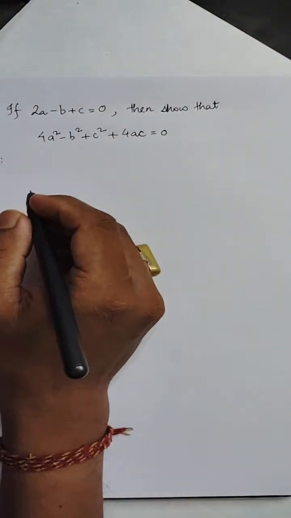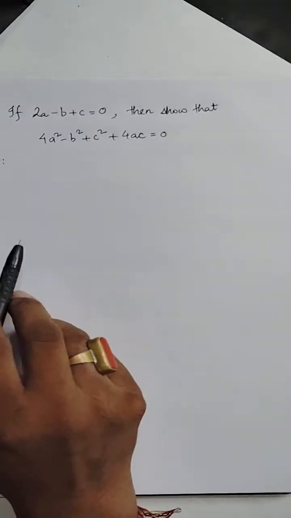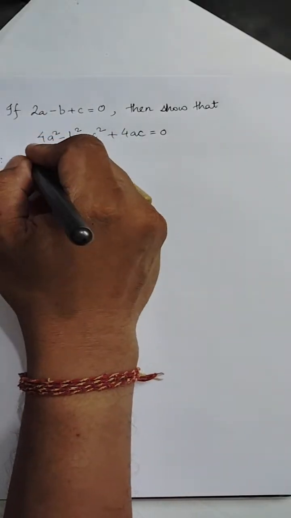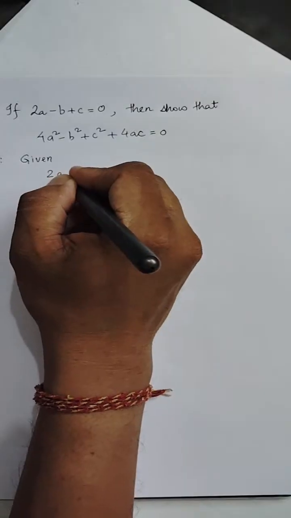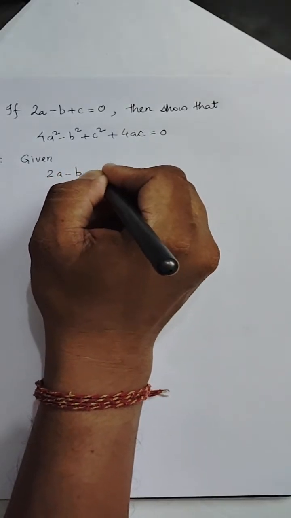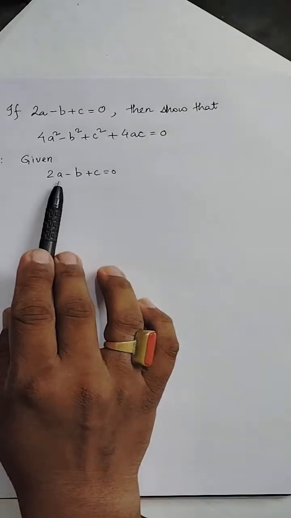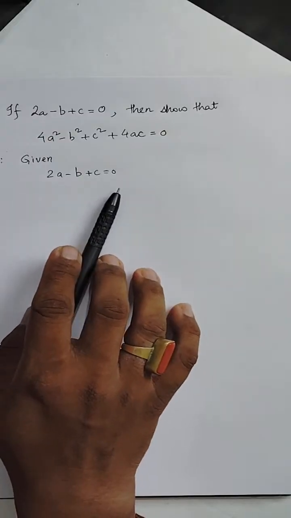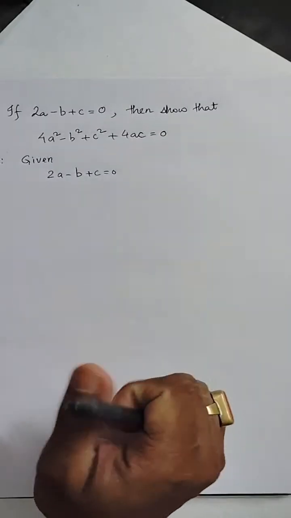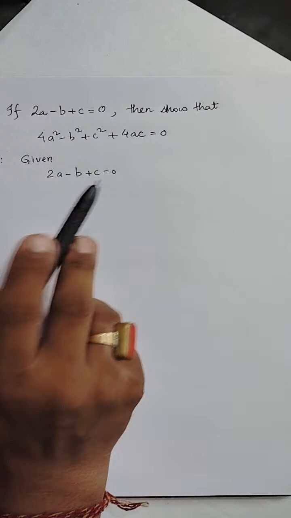So like I said, this should be question number 2, I think. In the previous question, I have already told that whatever is given, let's write that 2a minus b plus c equals 0. But right now we are not sure which value we need to find out. It is just given 2a minus b plus c equals 0. So let's do one thing, we solve this and then we might be able to figure out what value we need.